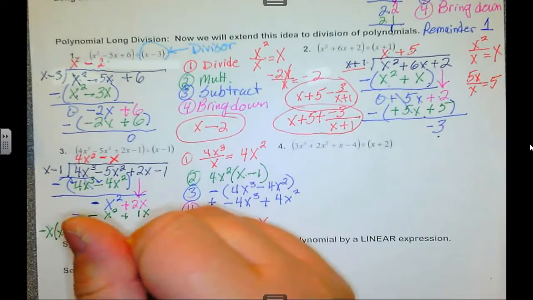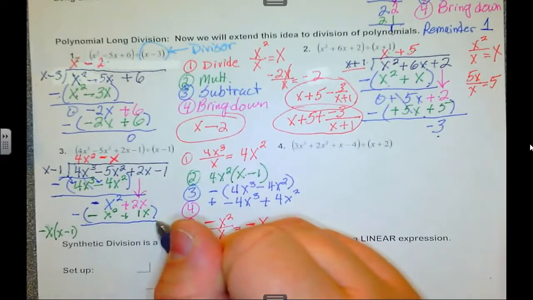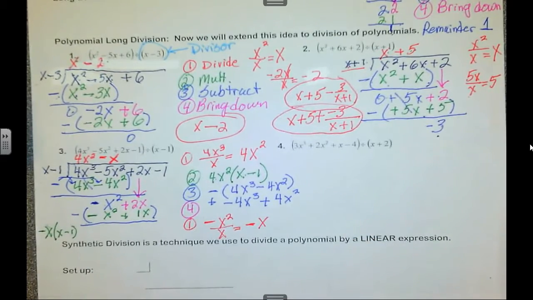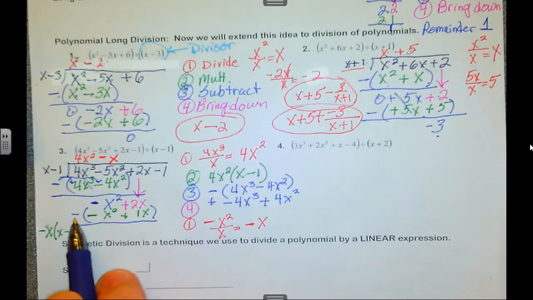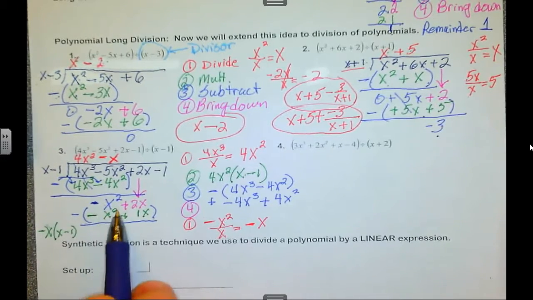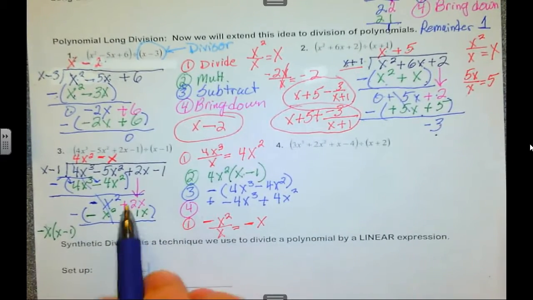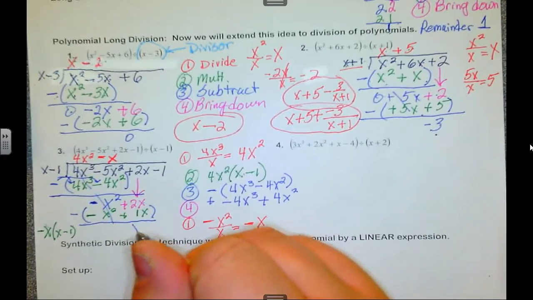Then we're going to subtract this quantity. And don't forget you have to distribute that negative sign. So we have negative x squared plus x squared. These cancel out, right? 2x minus 1x is just x.